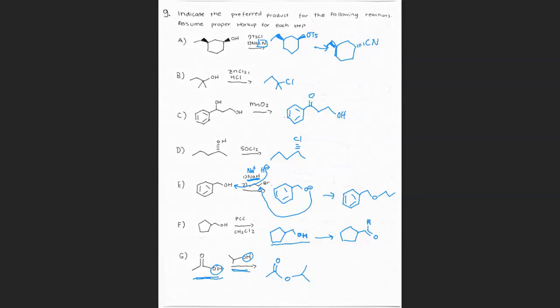Let's go back to number 8, where it talks about IR. Now here, let's look at the peaks that we can find. For number 1, if you look really closely, you do see a peak right over here, around 1600-ish.